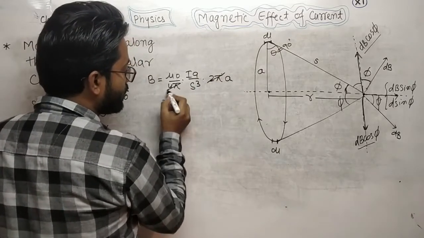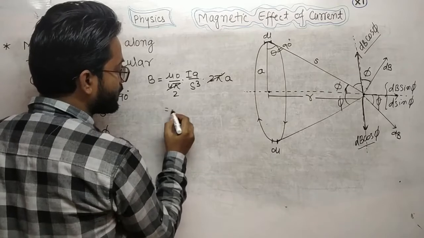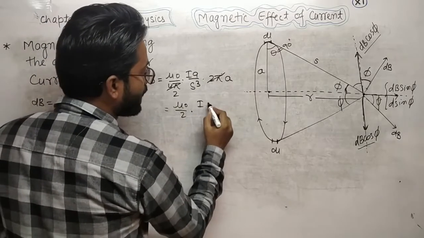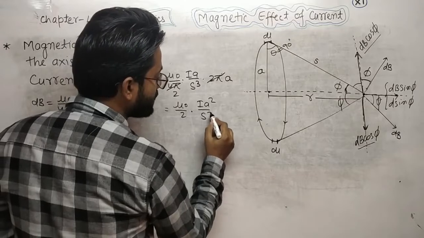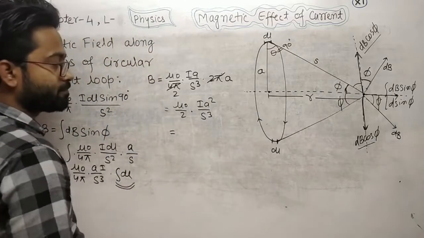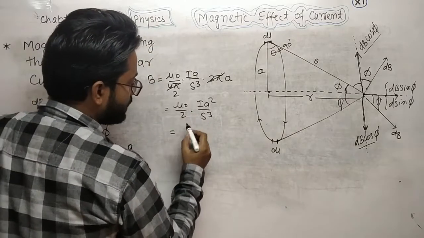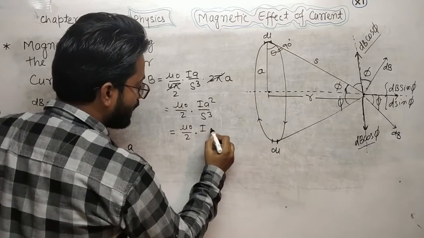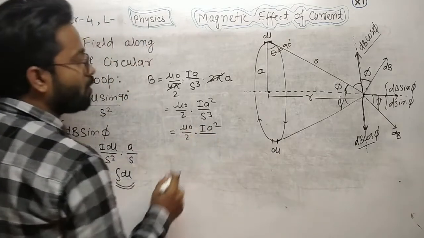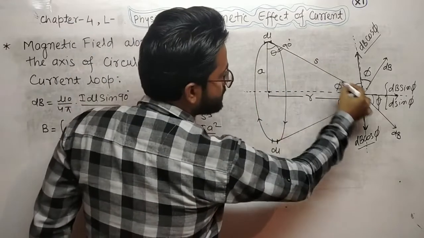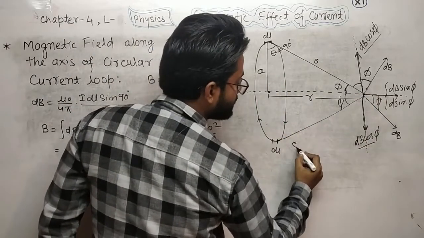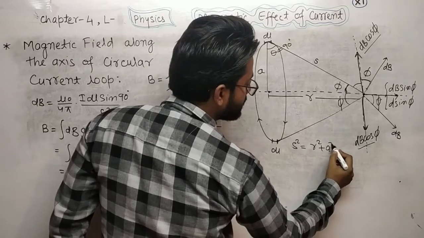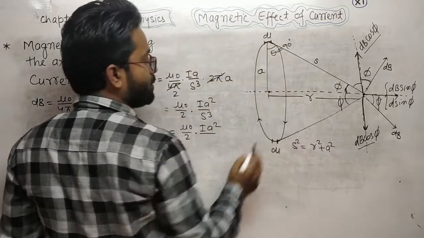4 pi, that 2 times, means mu naught upon 2 I a into a square upon s cube. Mu naught upon 2 I a square upon, in place of s, this is the hypotenuse, so s square is equal to r square plus a square, base square plus perpendicular square.